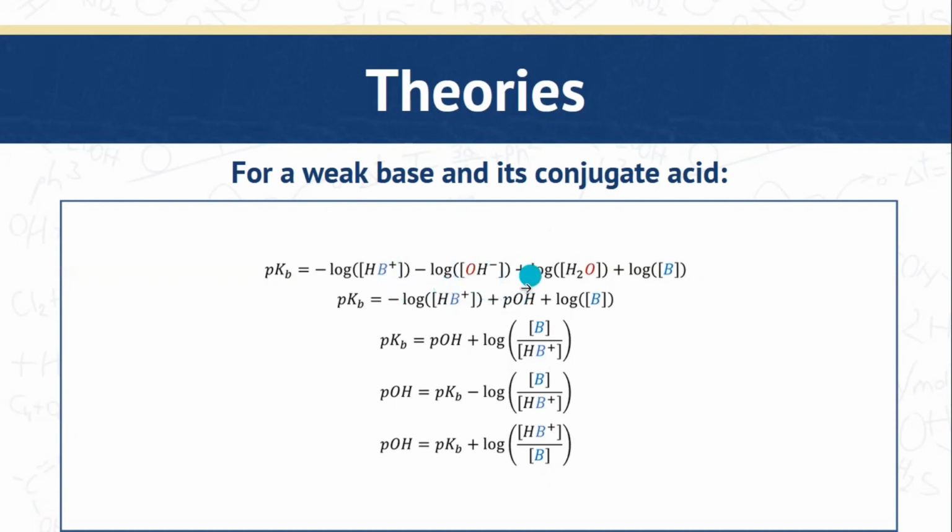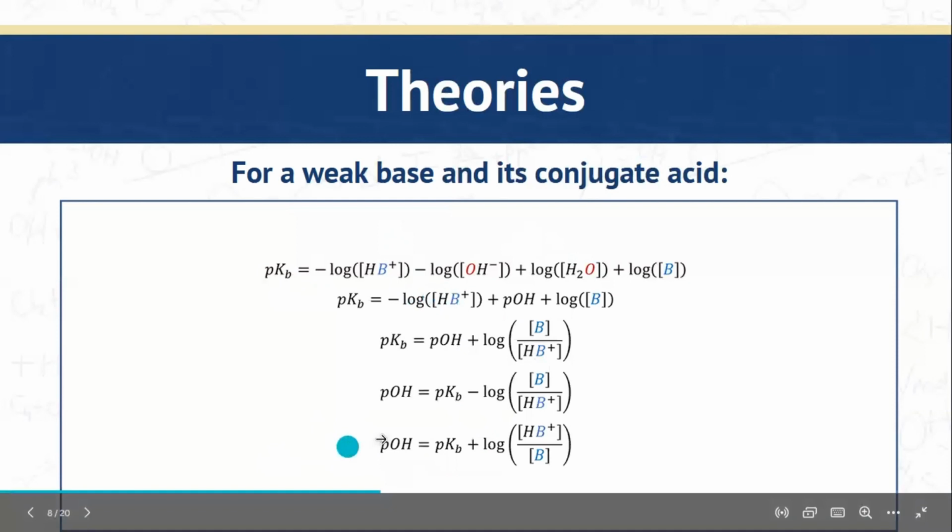Again, we transform this equation. We put pOH on one side and the pKb and the log terms we collectively put on the other side. We get this form of the Henderson-Hasselbalch equation. The pOH is equal to pKb plus the logarithm of the conjugate acid divided by the base.